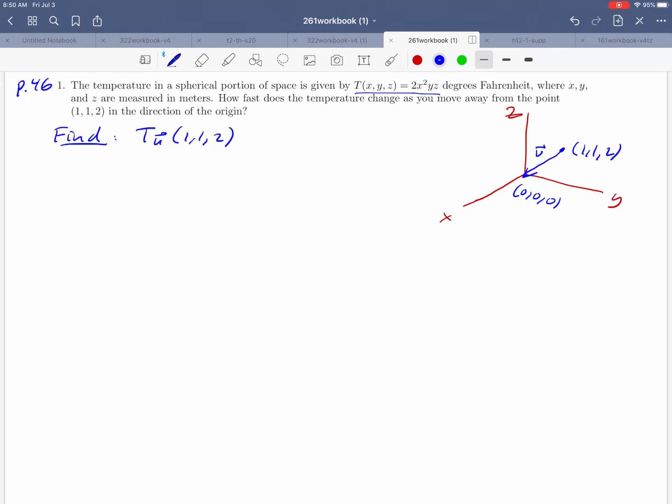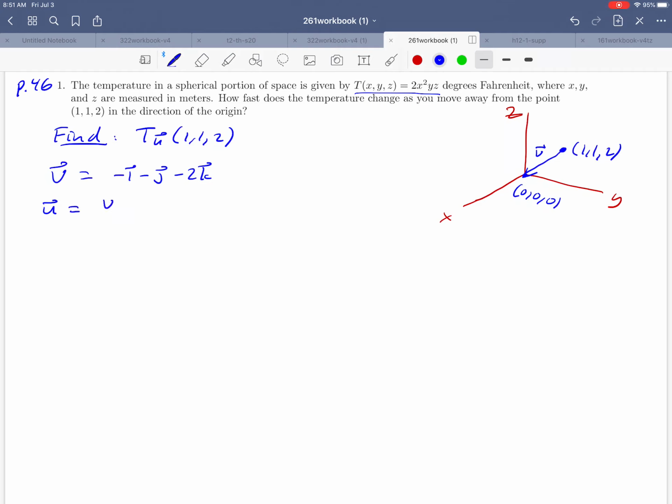As we do with the directional derivative, we want to find a unit vector in the direction that we're moving. So how about if we start by writing down a vector for v? If we start at the point (1, 1, 2) and move towards the origin, notice that v, that vector we drew, is actually -i - j - 2k, because we're going backwards from (1, 1, 2) to the origin. What we'd like is a unit vector that goes in that same direction.